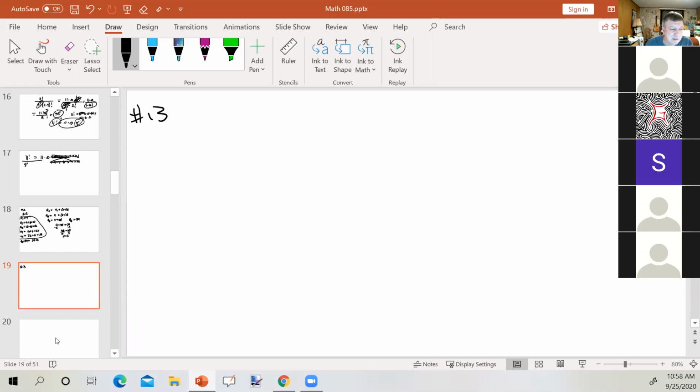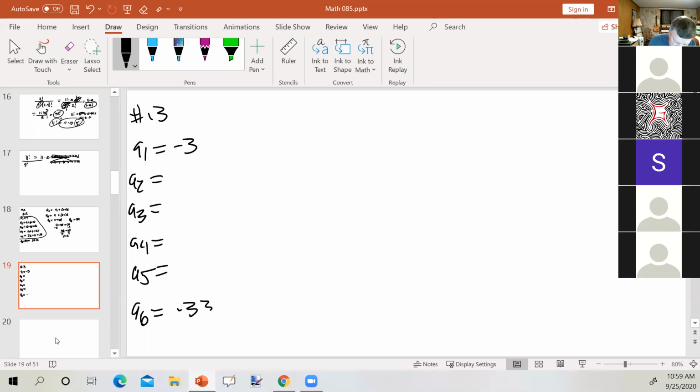So this is basically just like the one we did. So a sub 1 is -3. A sub 6 is -33. So a sub n equals a sub 1 plus the quantity n minus 1 times d.